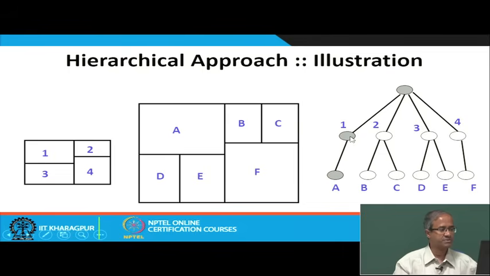individual routing problems. For example, this B is a region containing many blocks. You solve the routing problem here, solve the routing problem here, combine B and C, you have solved 2. Similarly, you combine D and E, you have solved 3. In this way you go in a hierarchical fashion and you can solve the sub problems.